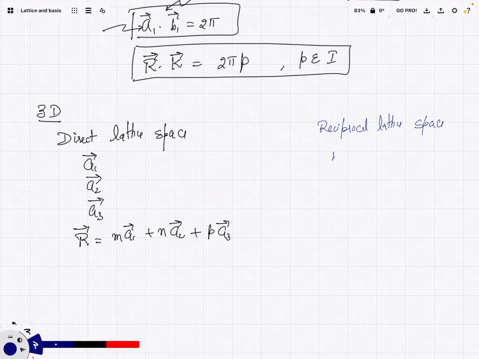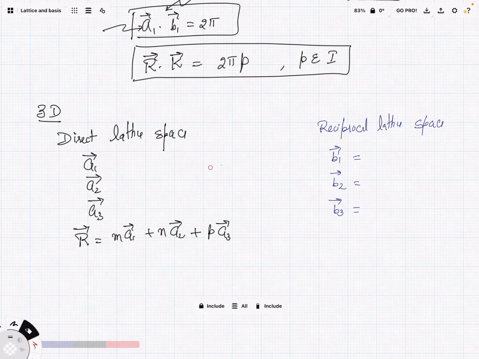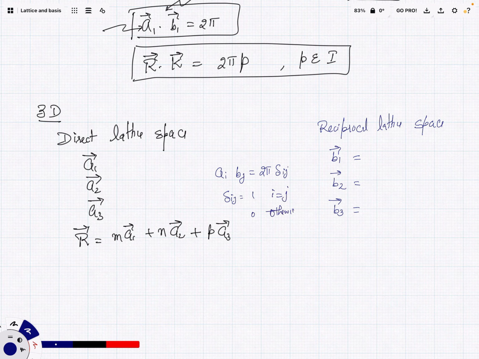You have some B1 vector, B2 vector and B3 vector, the primitive vectors, such that A1 dot B1 gives you 2 pi, or let me write this condition in a more generic manner, such that Ai dot Bj gives you 2 pi delta ij. This is the canonical delta ij: 1 if i is equal to j, and 0 otherwise. So this is the condition.